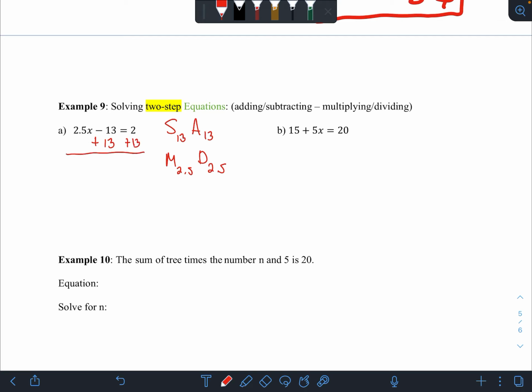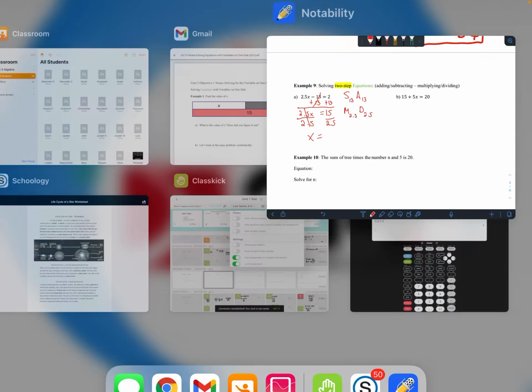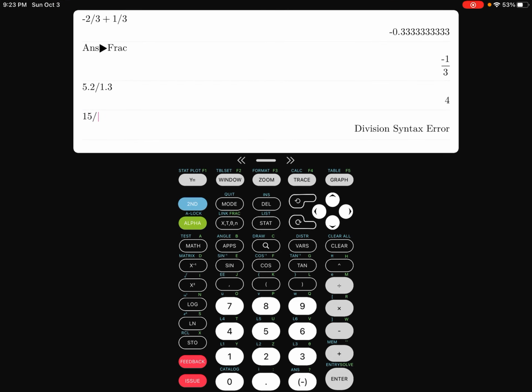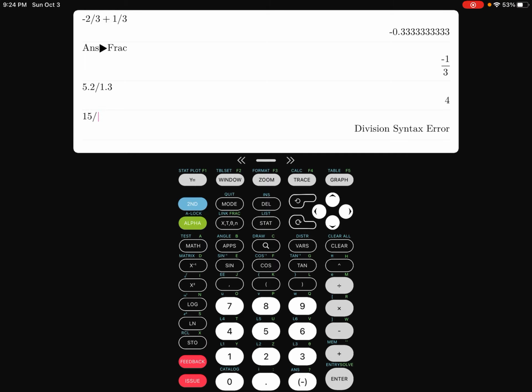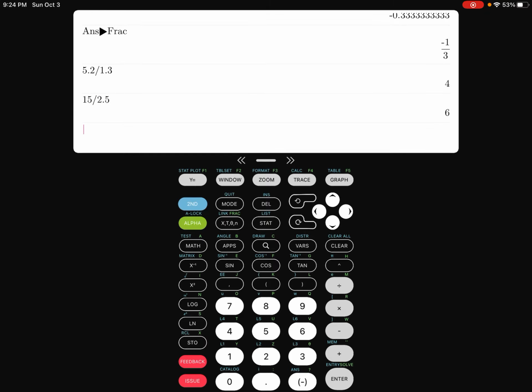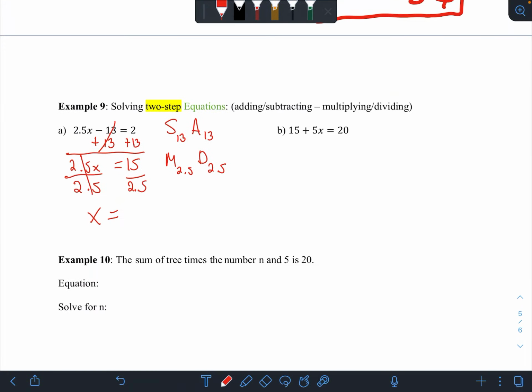Add 13, we get 2.5x is equal to 15. The 13's cancel. Since we multiply by 2.5, we divide by 2.5. We'll end up with x is equal to, let's go 15 divided by 2.5. And we end up with a fraction. Whoops, no we don't. 15 divided by 2.5, we end up with 6. So we have x is equal to 6.